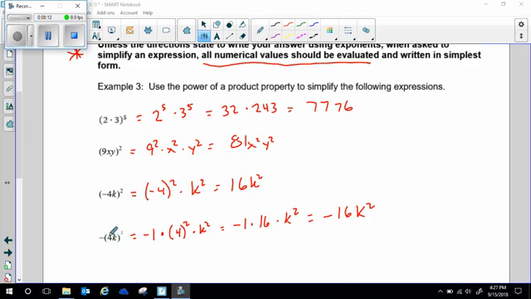Whereas in the second one, that negative sign is outside the parentheses, which means the whole thing is being multiplied by negative 1, so that exponent of 2 is only being applied to the k and to the positive 4. So it's the same as saying negative 1 times 4 squared times k squared, which is negative 1 times 16 times k squared, which ultimately is negative 16k squared.